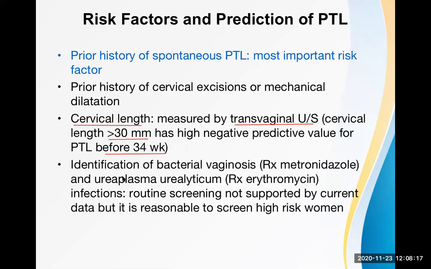Another point, identification of bacterial vaginosis. This is caused by one particular organism known as Gardnerella vaginalis, a type of bacteria. Let me write that name for you here. Gardnerella vaginalis.